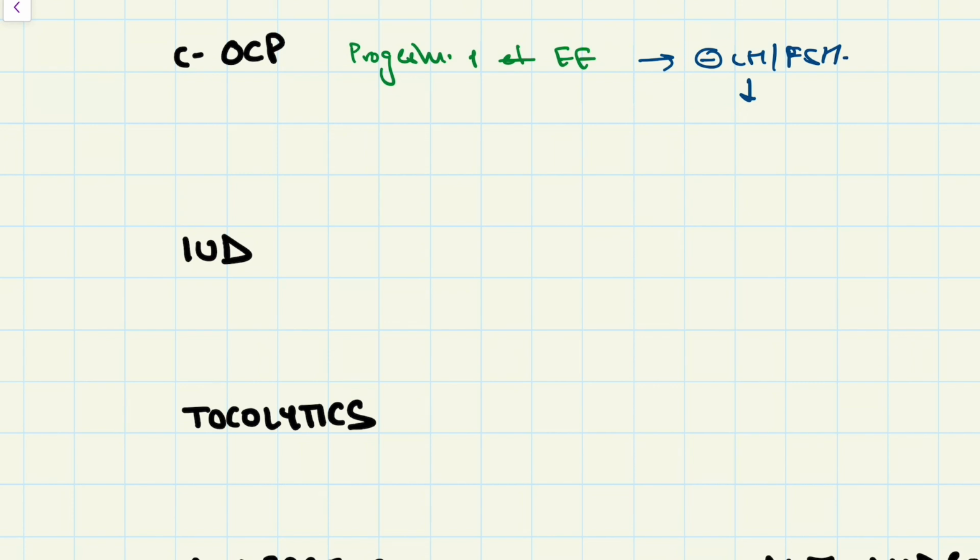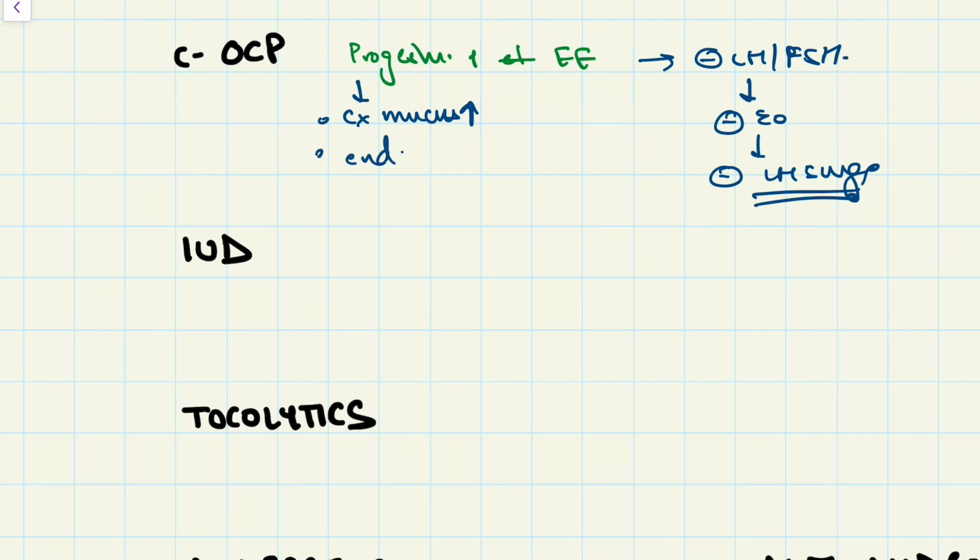This leads to prevention of the estrogen peak, and the estrogen peak will inhibit the LH surge. So since there is no LH surge, there would be no ovulation. Also, progestins will cause thickening of the cervical mucus and limit the entry of sperm to the uterus. Progestins also inhibit the endometrial proliferation, right, and therefore make the endometrium less suitable for implantation.